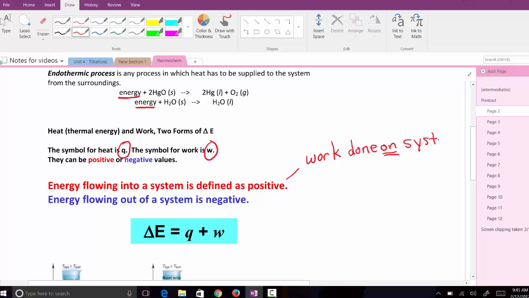Okay, that's going to have a positive value, whereas for negative, with heat, an exothermic reaction would be a negative delta E or negative Q. And then here we're looking for the work done by the system. Okay, that would be the phrasing we would need to know that our W is going to be negative.